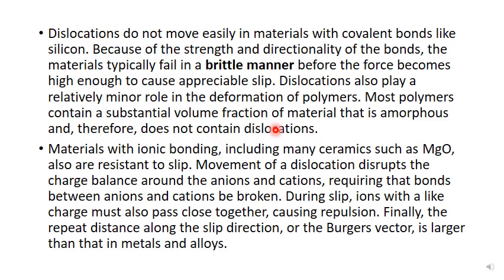With these materials, dislocations are not that important in deformation, because these materials consist of positive ions, cations, and negative ions, anions, and moving a dislocation through these cations and anions will disrupt the electric arrangement of these materials. Again, dislocations are not important for covalently bonded or ionically bonded materials.